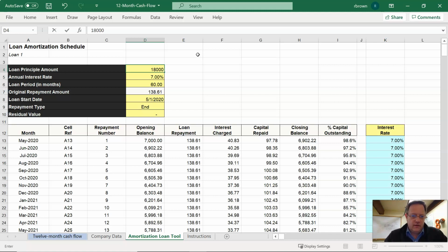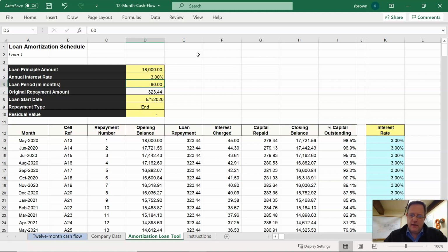Okay, so a loan for $18,000, interest rate of 3%, and I'll keep it at 5 years. You know what? Actually, I think I'll make it 6 years. But the interesting thing about this, we're going to look at an interest-only loan.